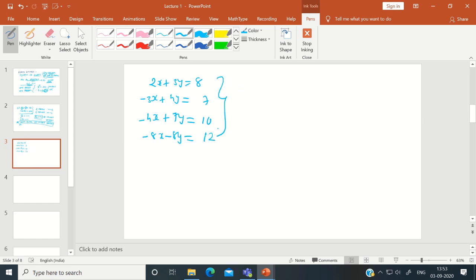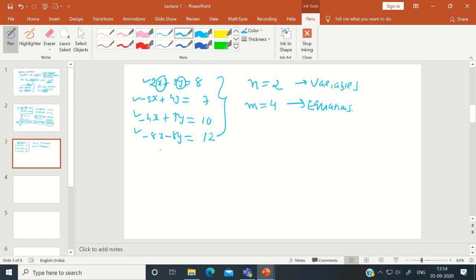Now tell me what is the difference between this case and the previous case. In this case, how many variables are there? There are two variables, so n is equal to 2. How many equations are there? There are 1, 2, 3 and 4, so m is equal to 4.